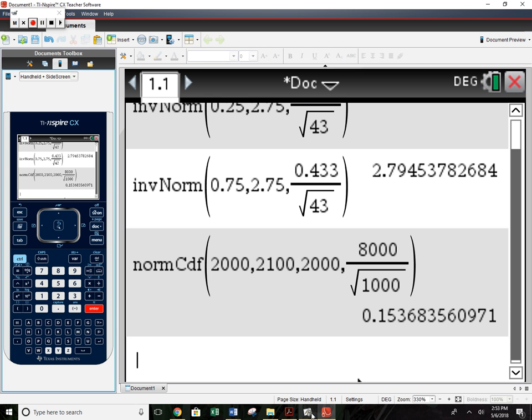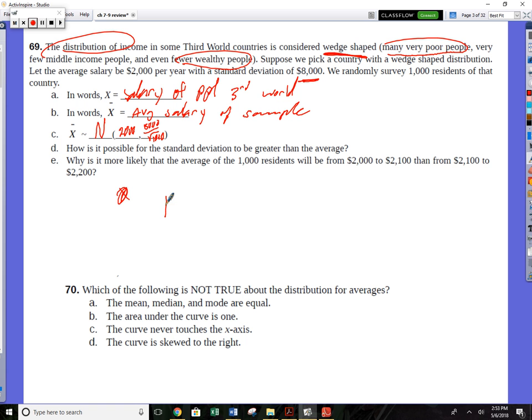So really here's what they're asking. They're asking this: what is the chance that the average is going to fall between 2,000, going to be greater than 2,000 but less than 2,100?